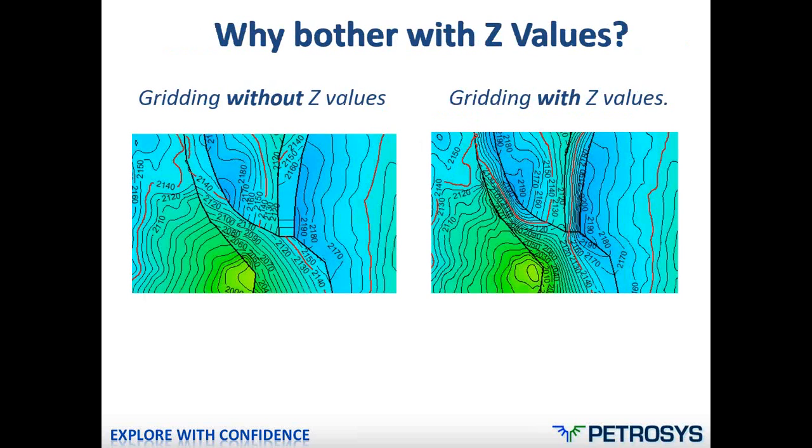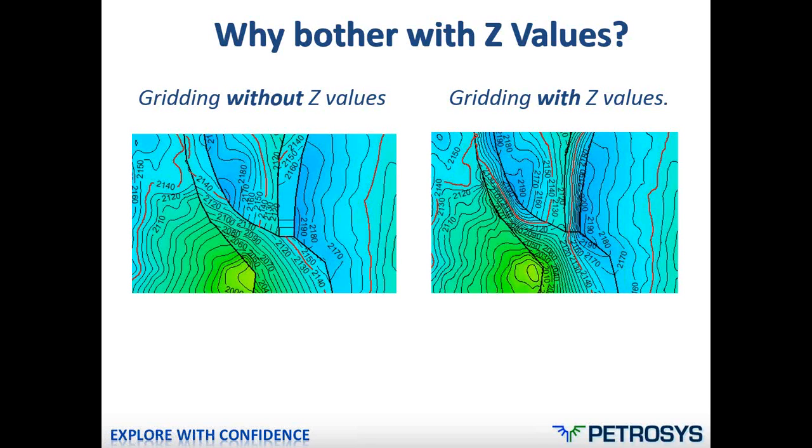And why would I bother gridding with z values? So gridding without z values can create geologically realistic surfaces, as we've seen in the previous method, but it doesn't know where to tie the horizon and the fault plane together. So I highlighted here the contour 2140 in red, and you can see that at the fault intersection with the horizon, there's sometimes quite a large mismatch between this contour on the horizon and on the fault.